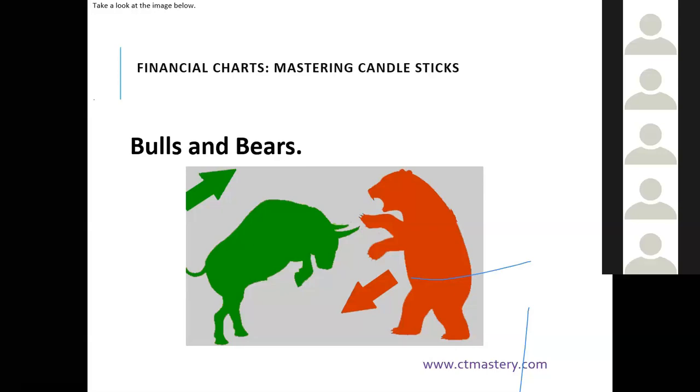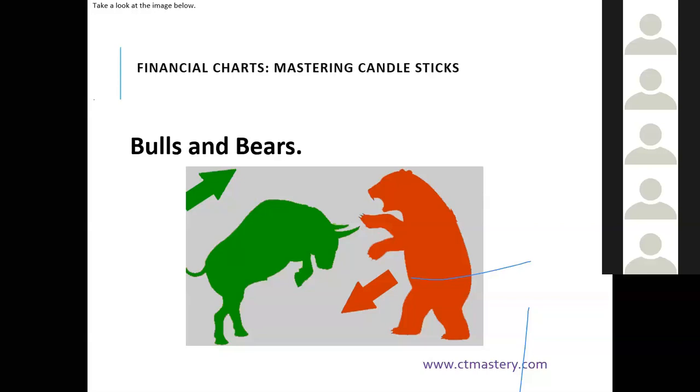From this picture, you can see the arrow is going up, and you can see the horn of the bull going up. So if a lot of people are buying, the price is going to keep increasing. So we say the market is bullish. When you say the bulls are taking over the market, it means that the price is increasing, and the buyers are buying and buying and buying. So that is the bulls.